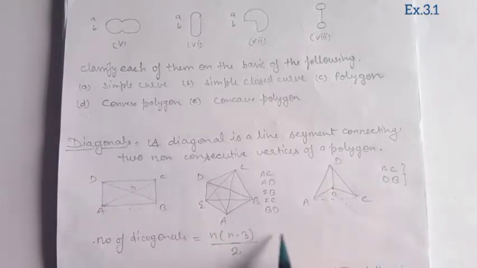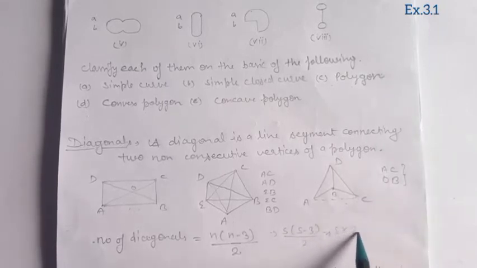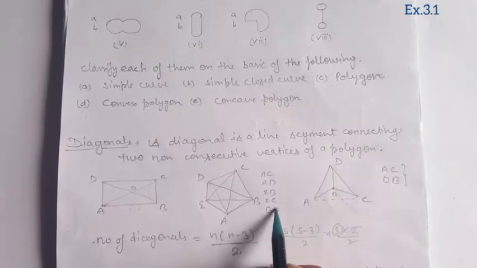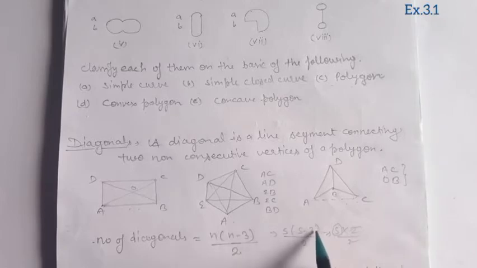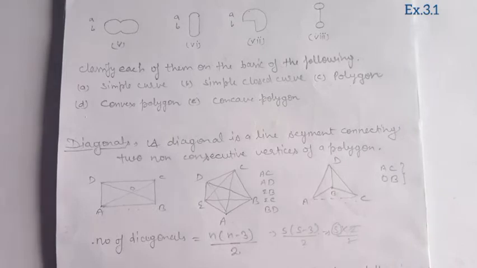Similarly, for a pentagon we do 5 times (5 minus 3) divided by 2, 5 into 2 divided by 2, 5 only. So this shape has 5 diagonals, 1 2 3 4 5. Similarly for an octagon, 8 times (8 minus 3) divided by 2; 8 minus 3 is 5, and 5 fours are 20, so we get 20 diagonals in an octagon.